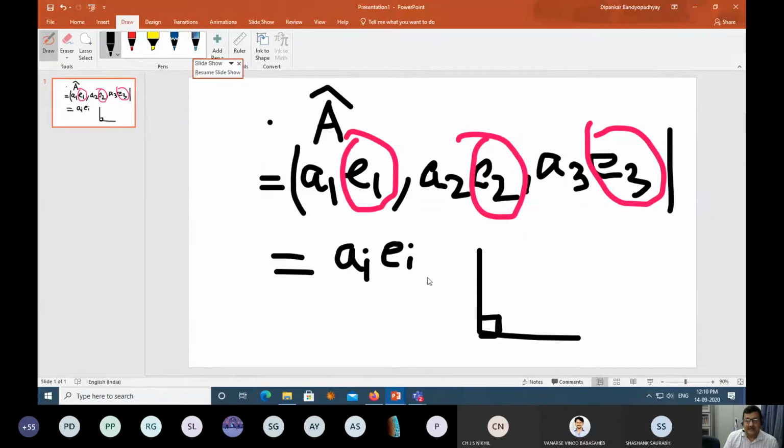This i is the index, and this notation is called the indicial notation. If you have two i's which are repeated, you write A1 E1, A2 E2, and A3 E3. So this is why I go for i, because i can be, you can write here, i equal to what?